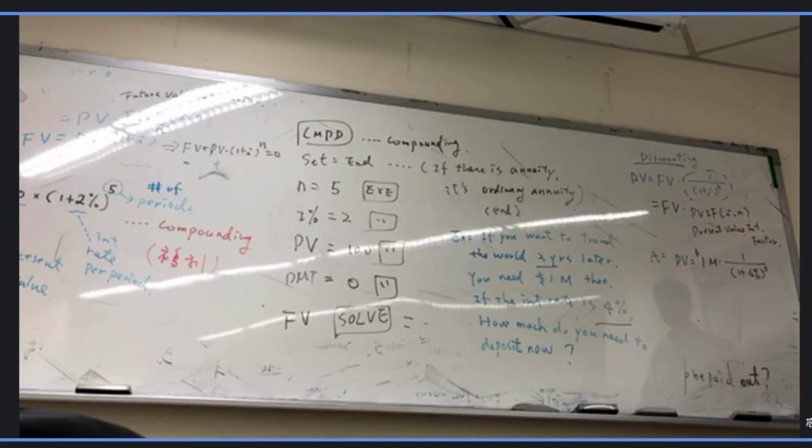So if you do not have the calculator, you can use this formula, or you can find the table. You can check on a computer website. You can Google it, how much this is.